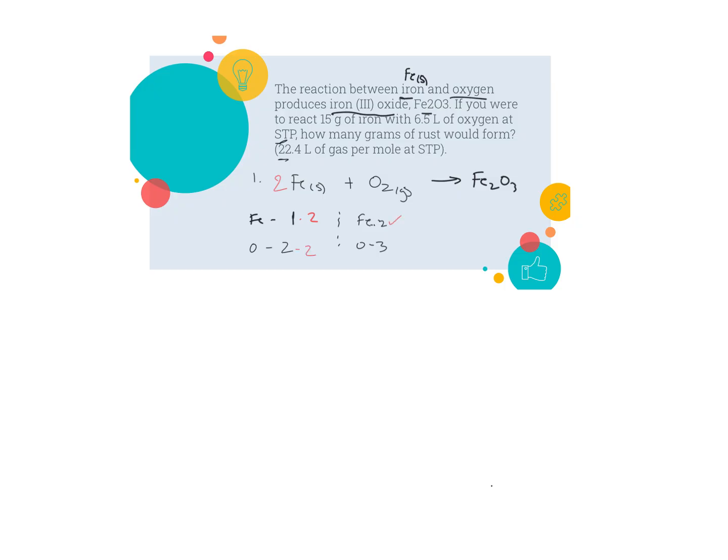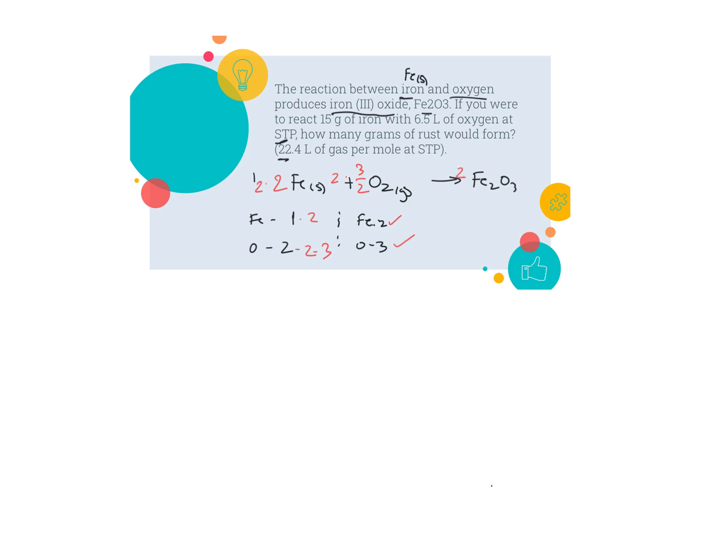So my irons seem to check out here. But now I have 3 oxygens. That isn't very helpful. And so I could multiply this by 3 over 2 O2. That would get me 3 oxygens on this side, and I would have 3 oxygens on that side. But I don't really like having these fractions in here, and so I could just multiply everything by 2.